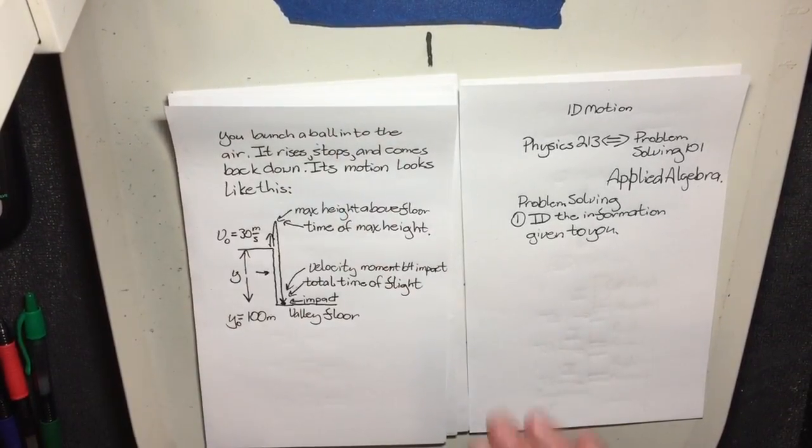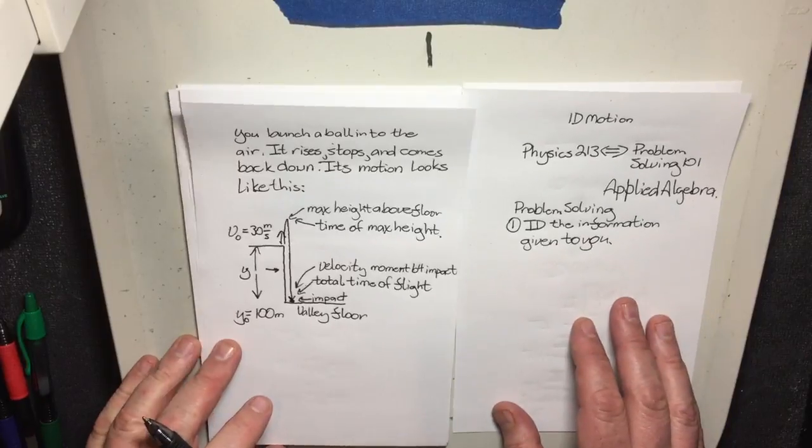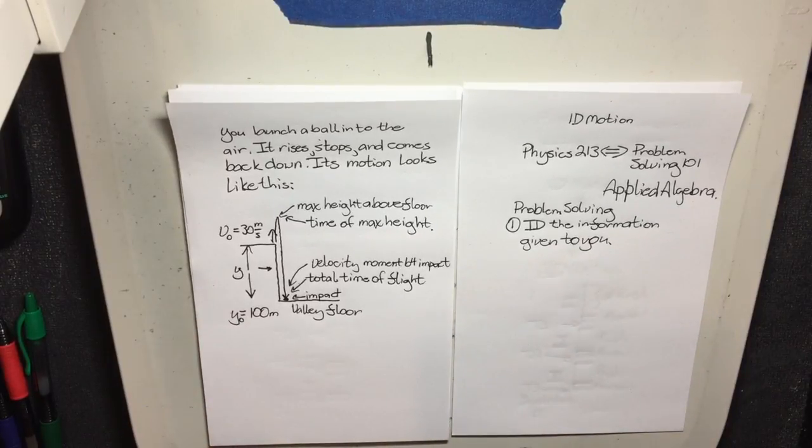So there are two types of problems within this main problem. We have the motion from launch to the top of the curve, the moment that its velocity in the vertical is 0, and then we have the moment before impact. Basically, the motion that we're studying is this.